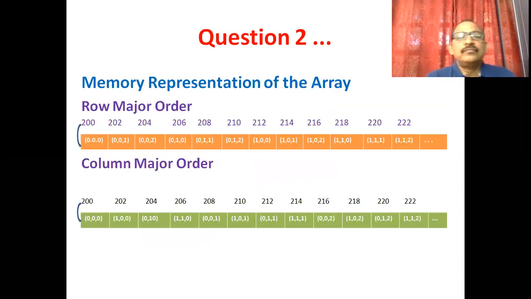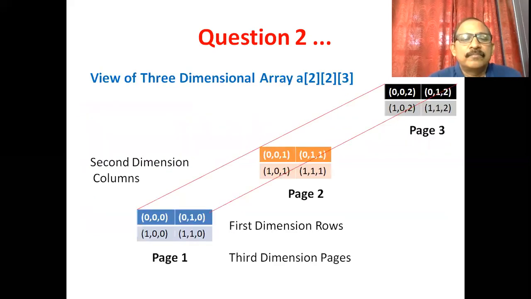Next, the memory representation of the three-dimensional array in row major order and next in column major order. In row major order, all elements of the first row are stored in computer memory first.